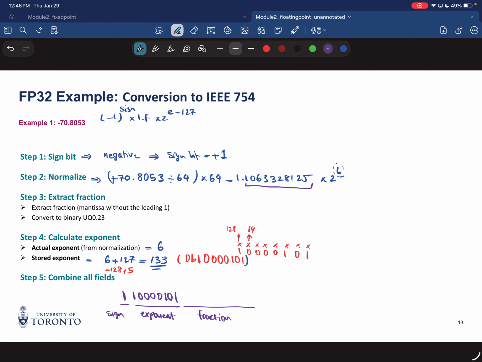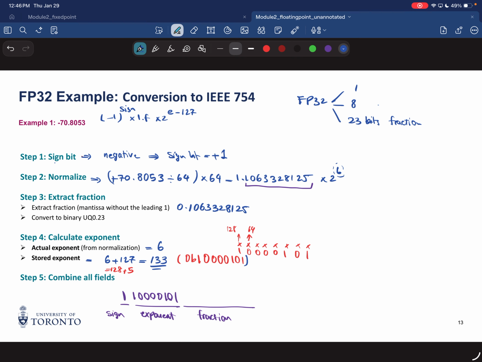This is going to be 0.1063328125. Okay? We are converting this to binary, and we have 23 bits for it. So let's remember FP32: 1 bit for the sign, 8 bits for the exponent, and in total we have 32. So this is going to be for our fraction.